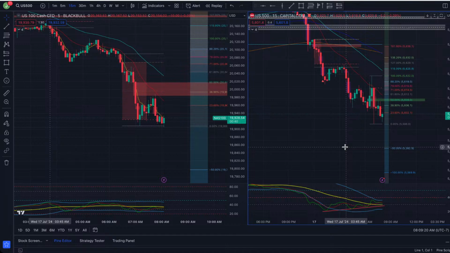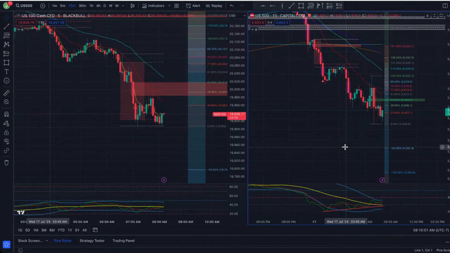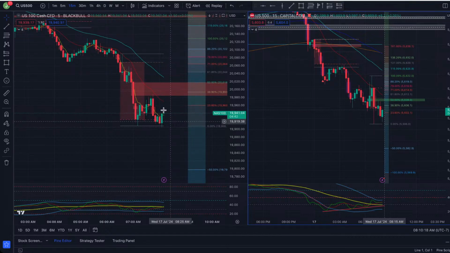NAS pushing up again. Swept the previous low, closed inside the range. Could be pushing back up.